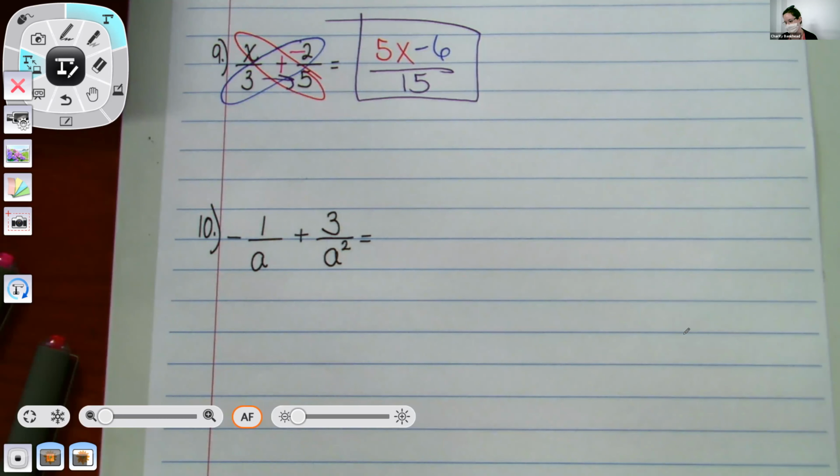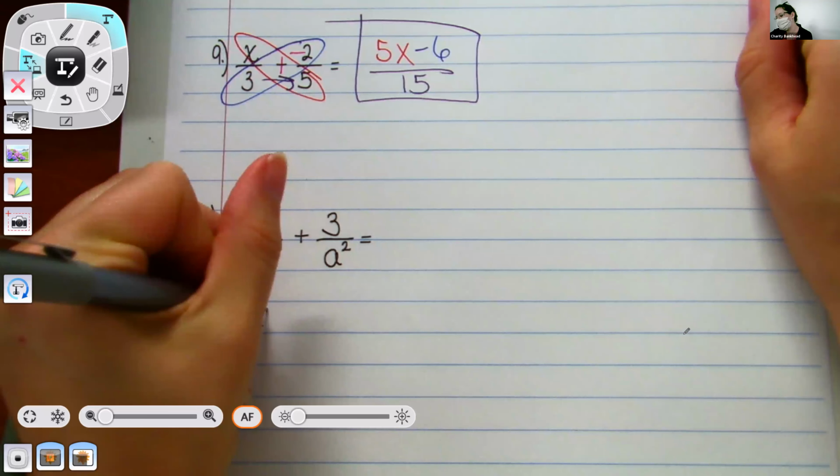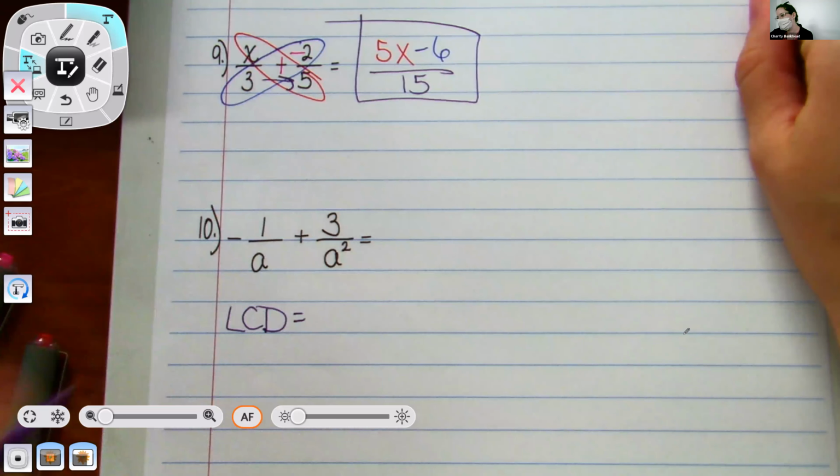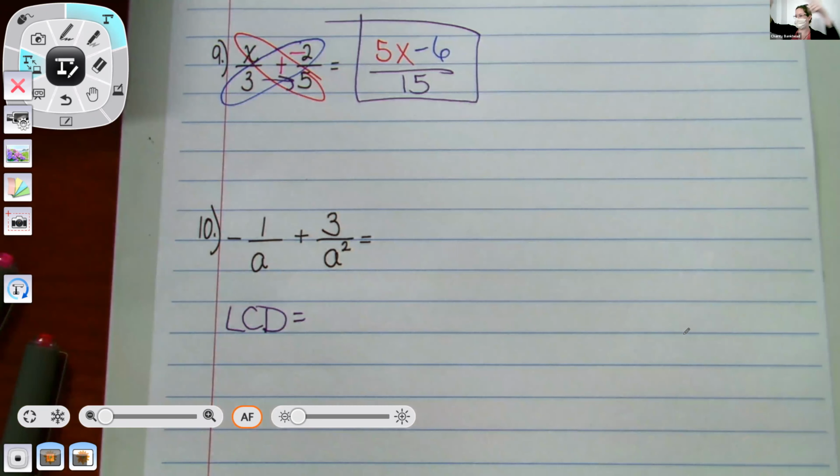All right, number 10. So obviously those two denominators do have a common factor. They both have A. So what's going to be our LCD? Again, you're thinking small, you need to think bigger.